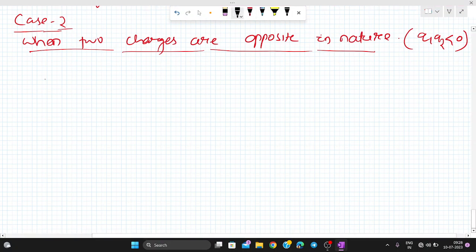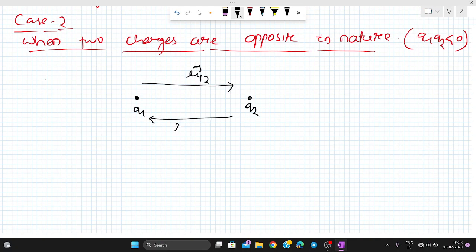Okay, so let me draw the diagrams for you. This one is q1, this is q2. Both charges are opposite in nature, means if one is positive then the other is negative. And the position vectors, this one is r12, this one is r21.